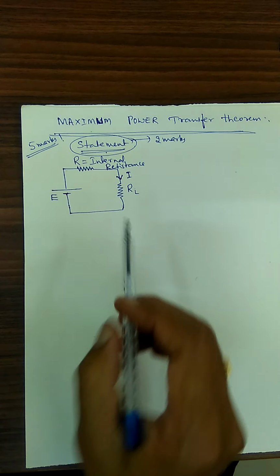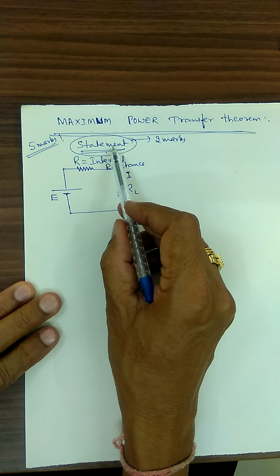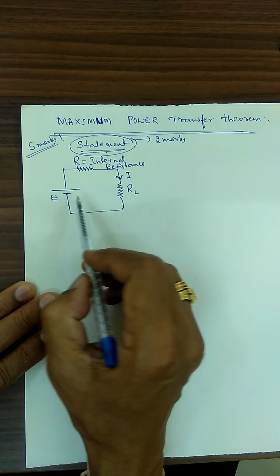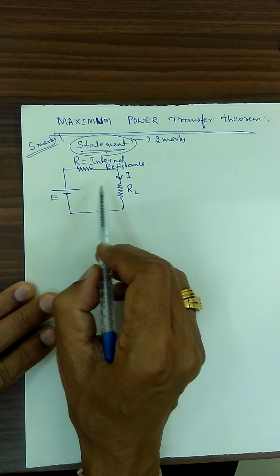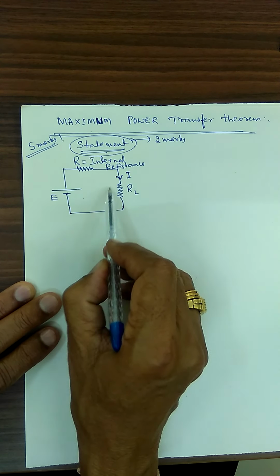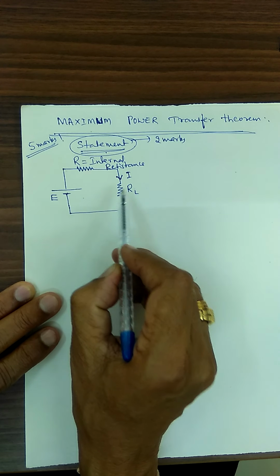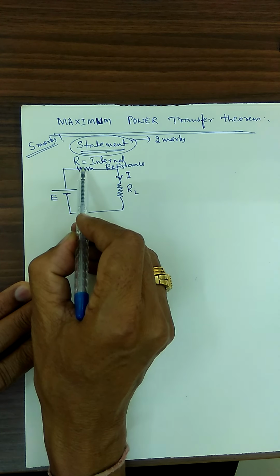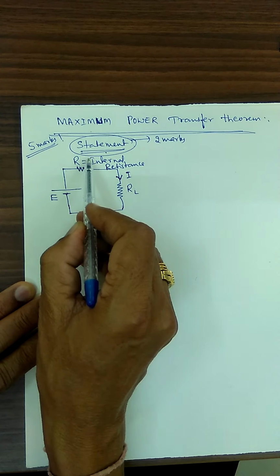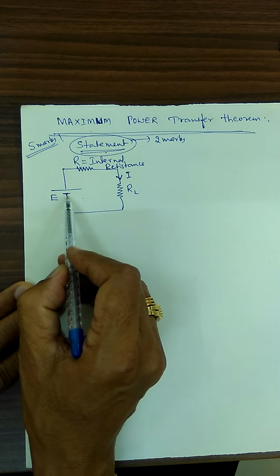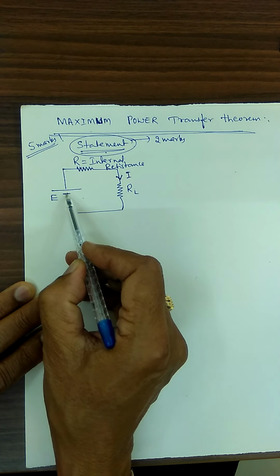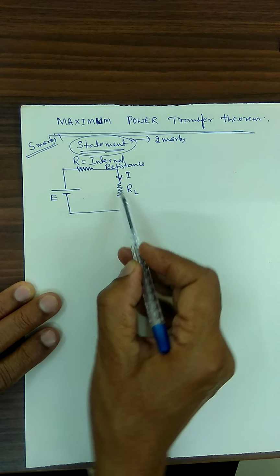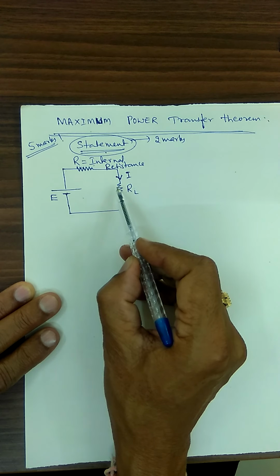That is the statement. Again I can repeat it. The maximum power transfer theorem states that the maximum power will be delivered to the load when the load resistance is equal to the internal resistance of the network which delivers the power, meaning the battery whose internal resistance is R. When R is equal to RL, then we get the maximum power across this load.